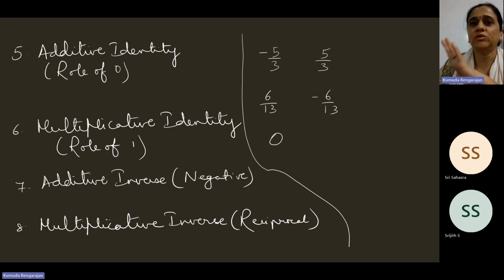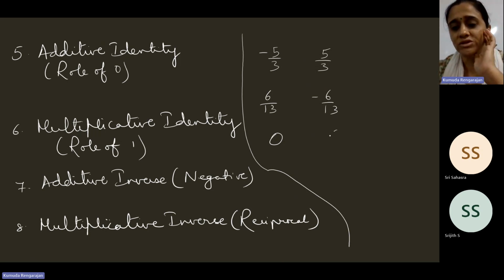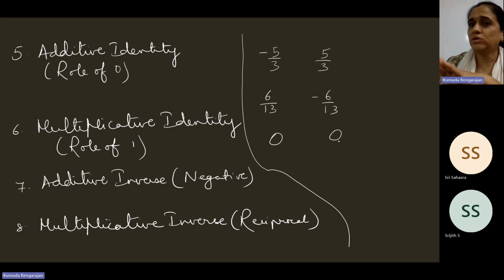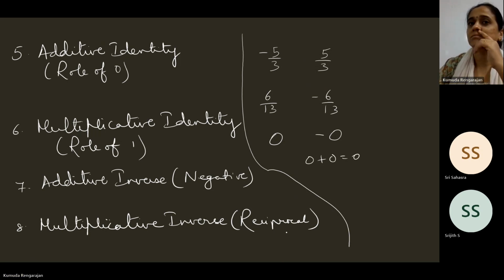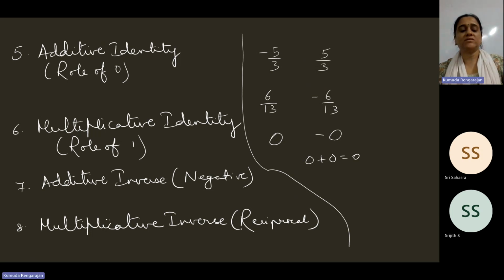So the negative of 0, if you're asked the question, is 0 itself. Don't write minus 0 because 0 does not carry any sign. 0 plus 0 is equal to 0. So that's about additive inverse or negative of a rational number.